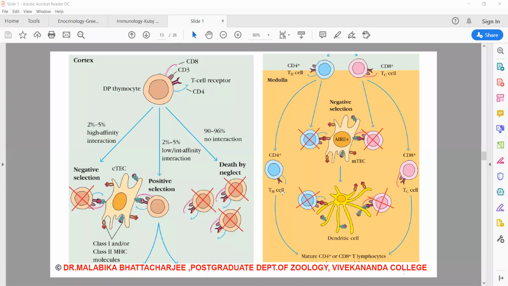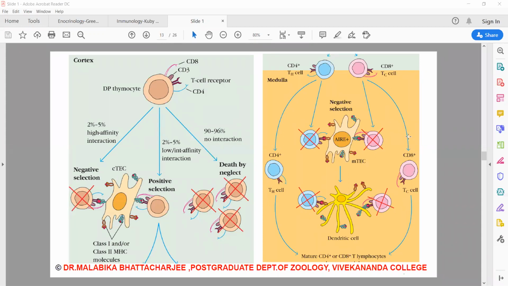Only the mildly, moderately reactive thymocytes are selected, and they then proceed to mature as the CD4 positive and the CD8 positive T lymphocytes.